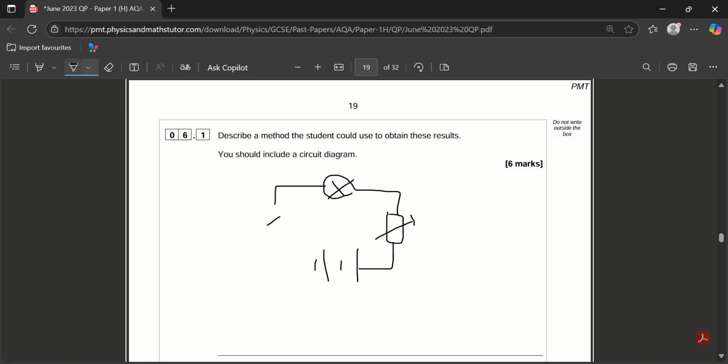We have an ammeter to record the current in series. We have a voltmeter up here.